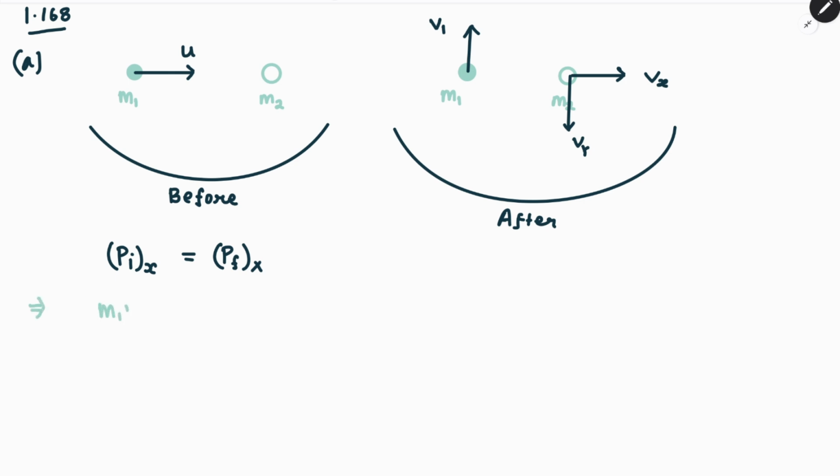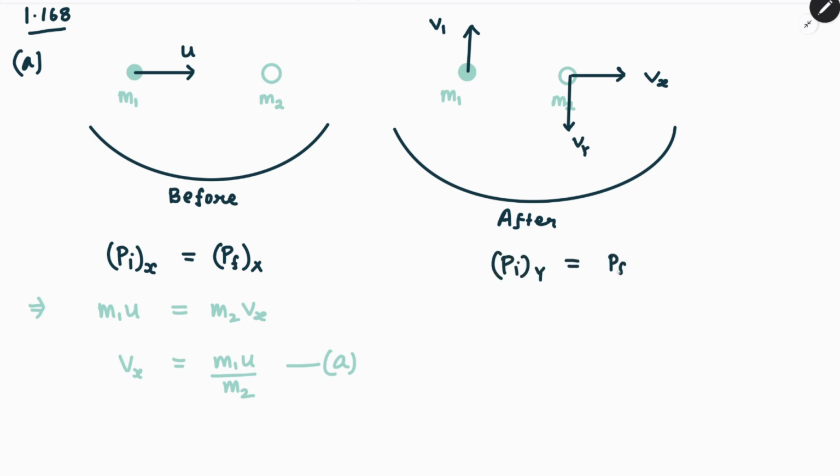So m1u is equal to m2vx. So vx equals m1u by m2. This is equation A.